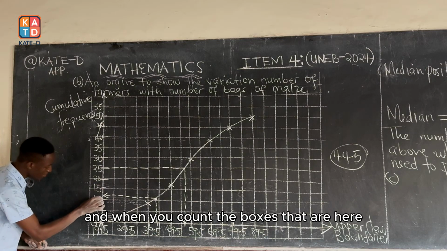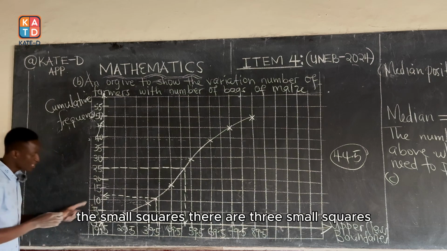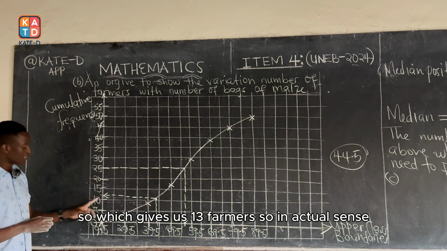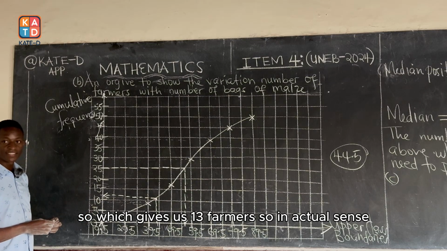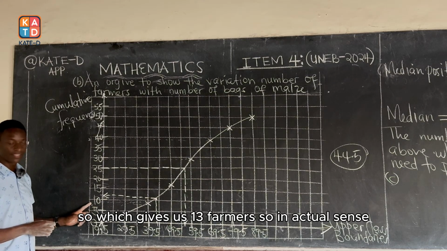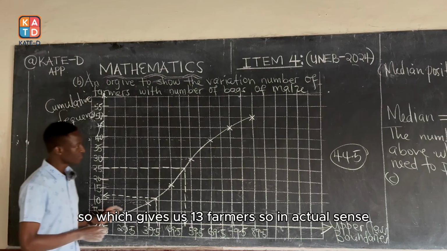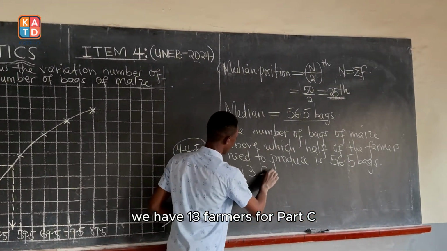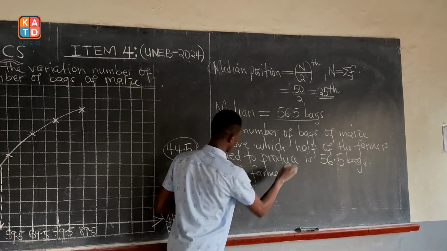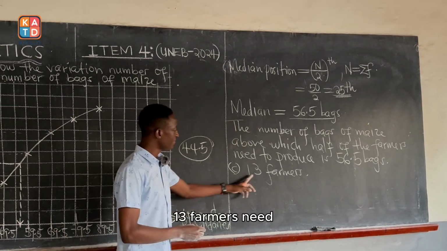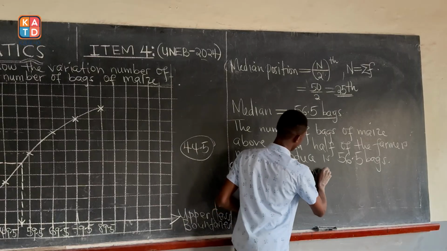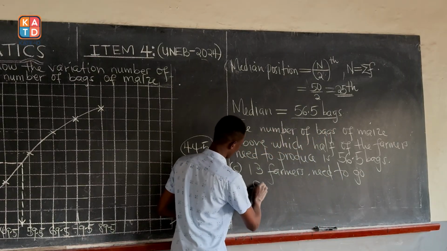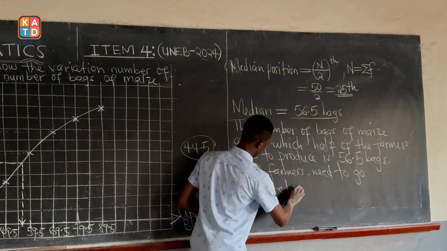And when you count the small squares here, there are 3 small squares, which gives us 13 farmers. So in actual sense, we have 13 farmers for part C. 13 farmers need to go for retraining.